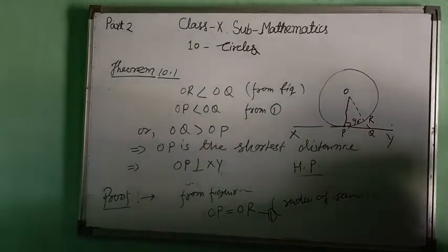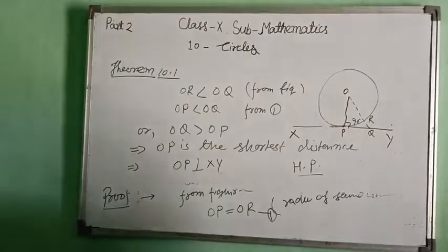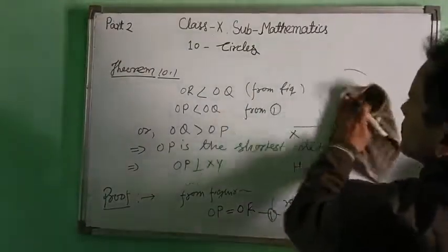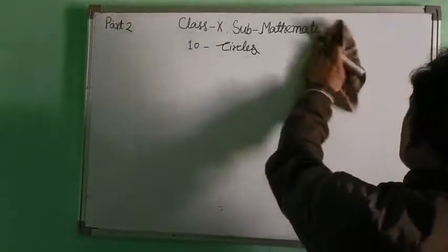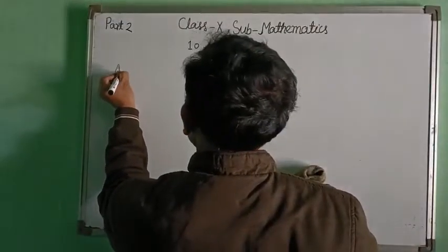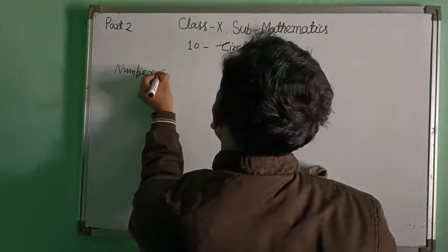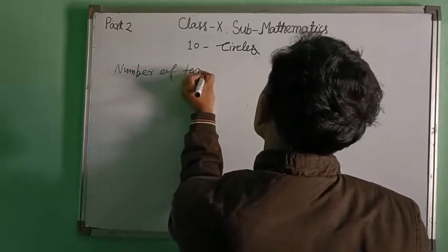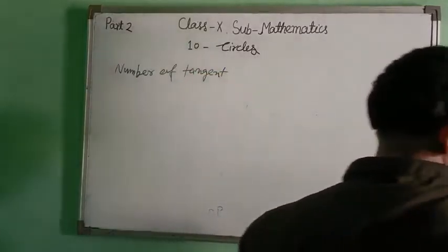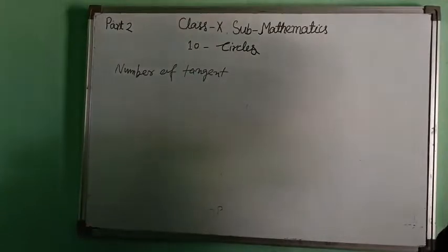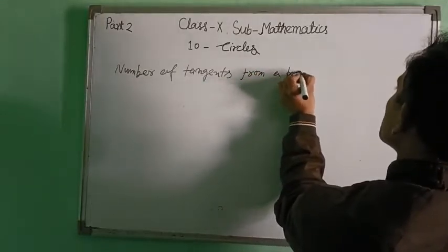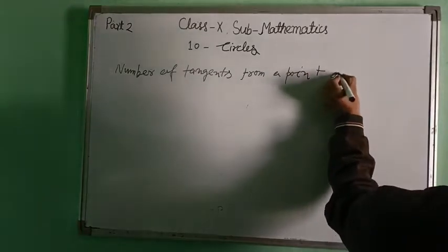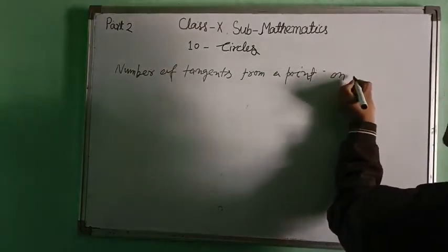Now, the number of tangents from a point to a circle.